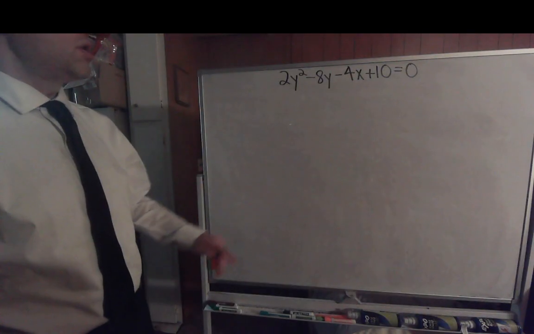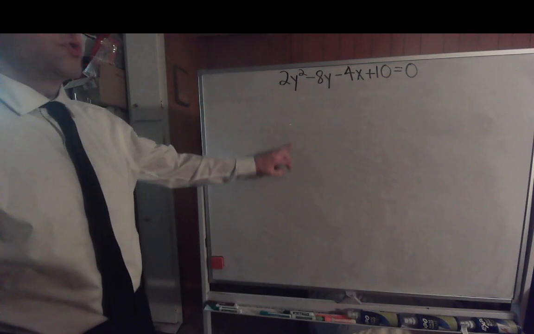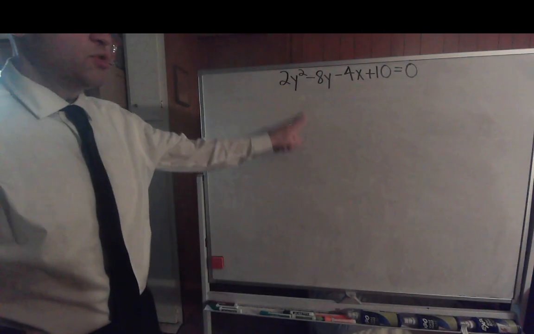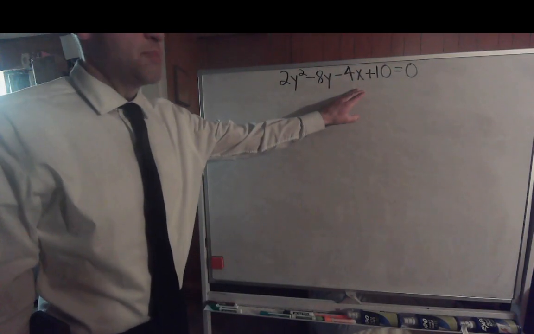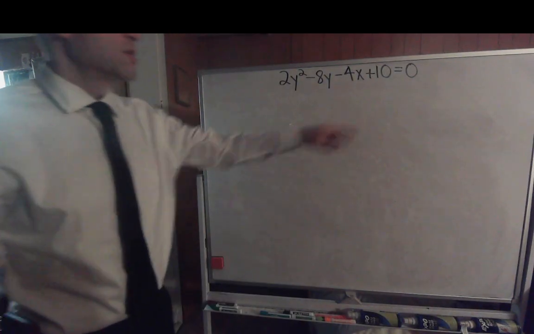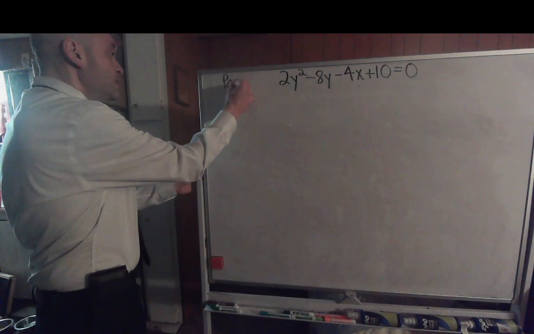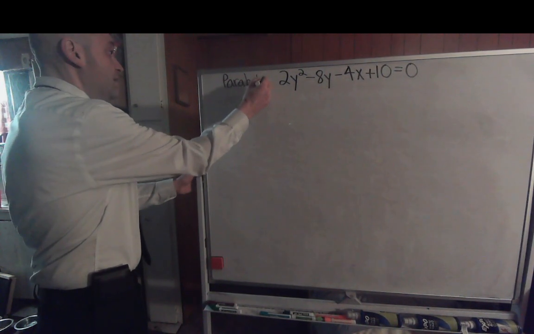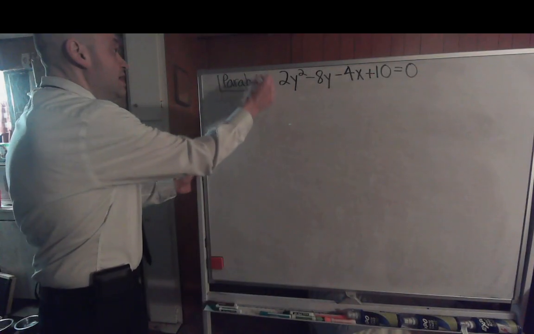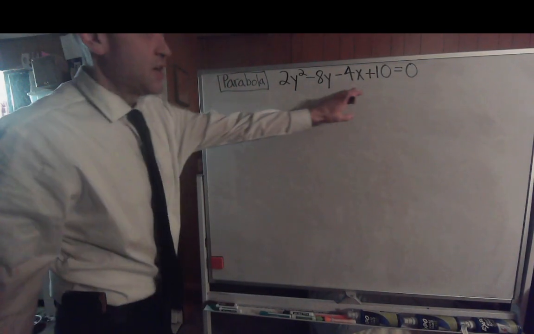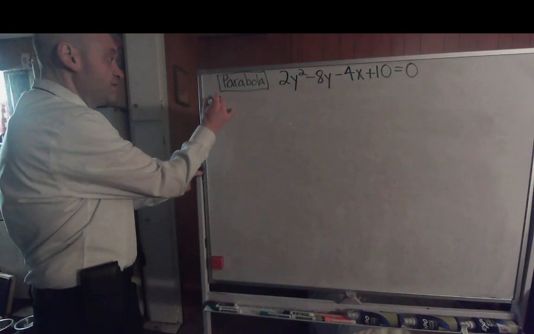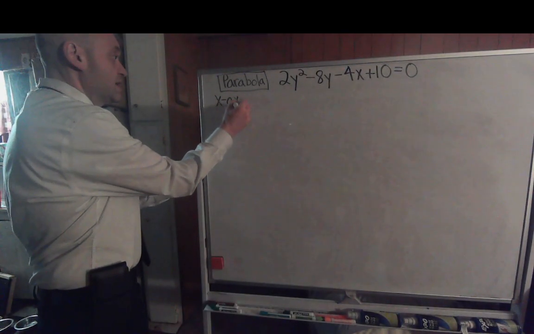Again, notice how only one of the variables is quadratic. That's going to be your y variable. Your x variable is linear. So right away we can spot a parabola. So this would in fact be a parabola. And furthermore, since the x variable is linear, we know it's going to have x-axis symmetry this time.